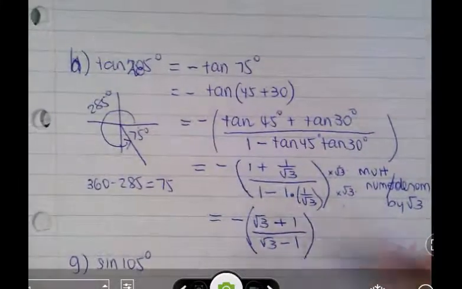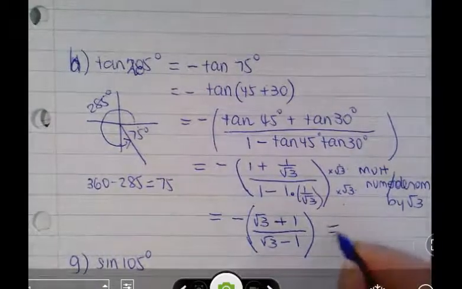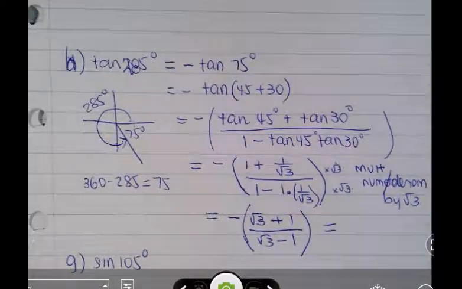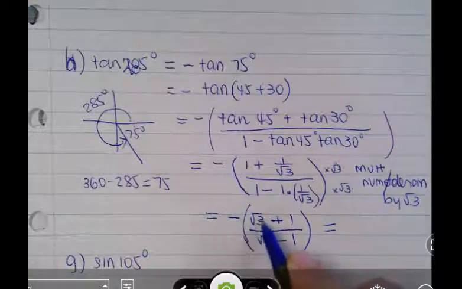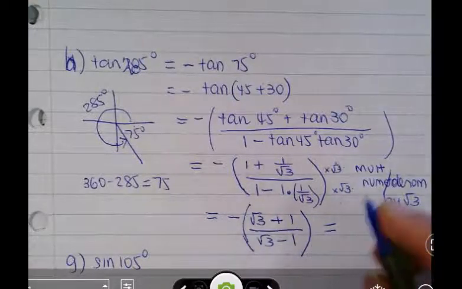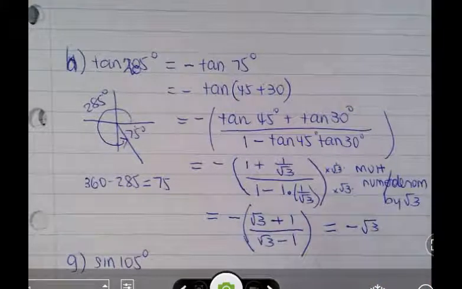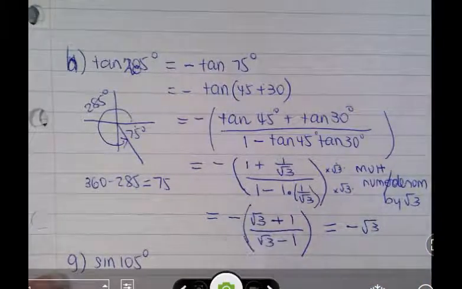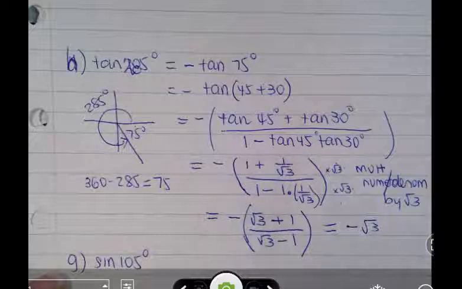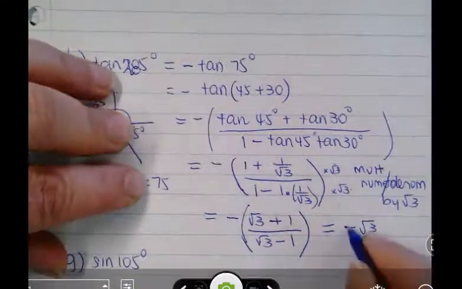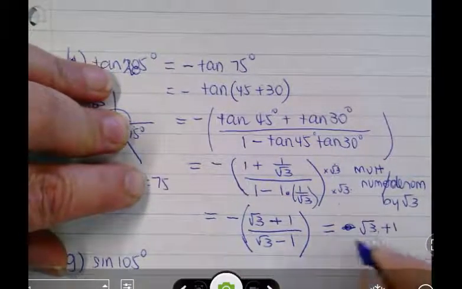Are you okay with that or no? So it's going to be negative root 3 minus 1 over root 3 minus 1. So now you've got to bring in the negative. Actually, no, I wouldn't bring in the negative there because I'm going to end up with 3 negatives. That's bad. So I'm going to put the negative on the denominator. I'll show you why.